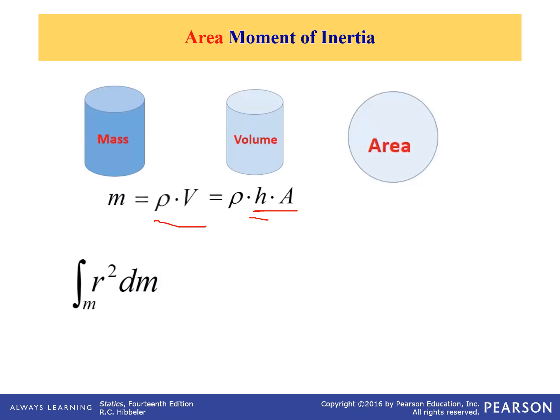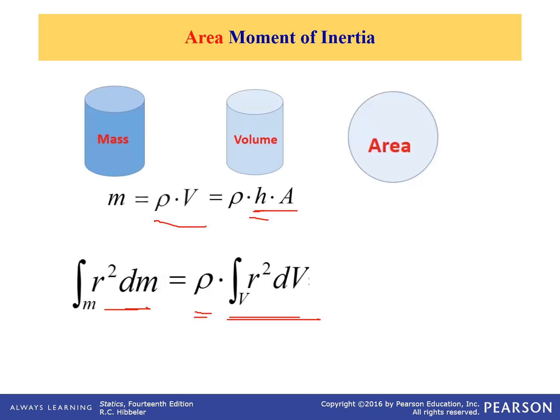Similarly, if this object has a mass moment of inertia, the integral of r squared dm over the body calculated about a specific axis, then the area moment of inertia can be written as rho times this, which can be called the volume moment of inertia.